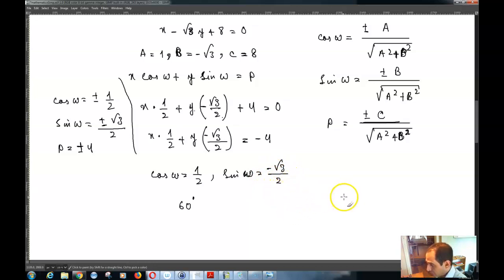which is something like, for example, if you go for 60 degrees here, the cos of this angle is of course 1 by 2. But then the sine of this angle is going to be positive square root of 3 by 2.